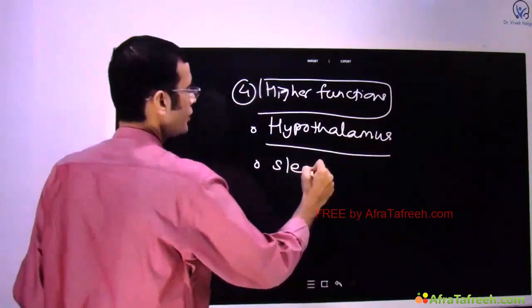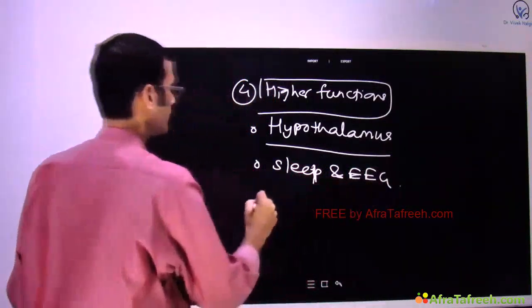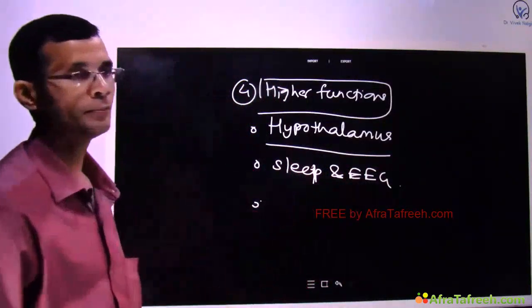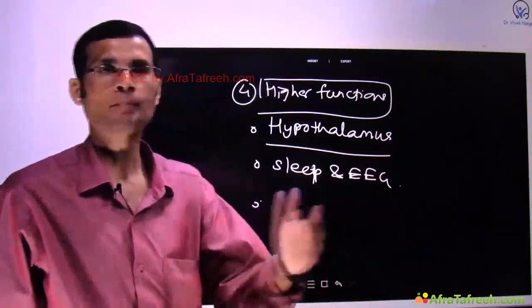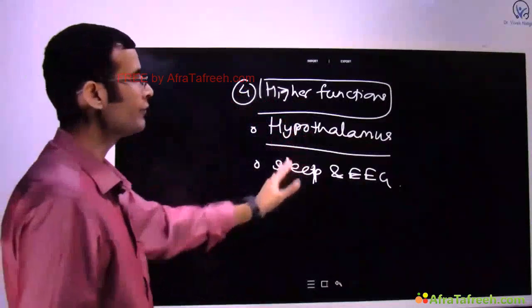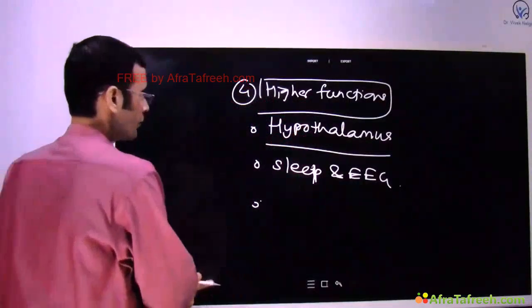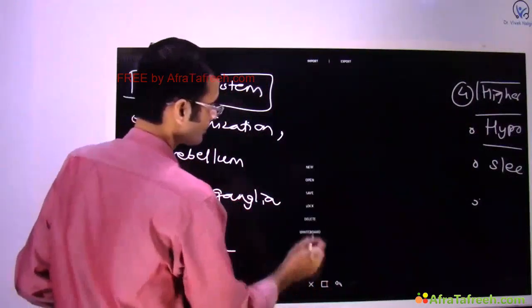Sleep and EEG, again an important topic, commonly asked. And various other limbic system, Papez circuit, hemispheres and their functions. So that's how we will deal with the central nervous system.